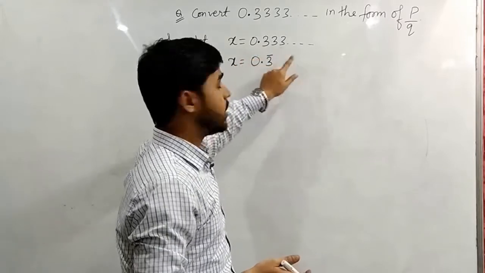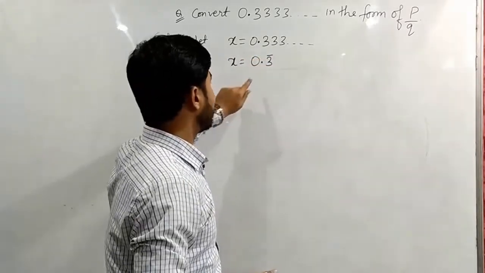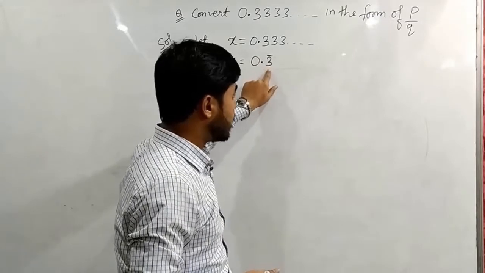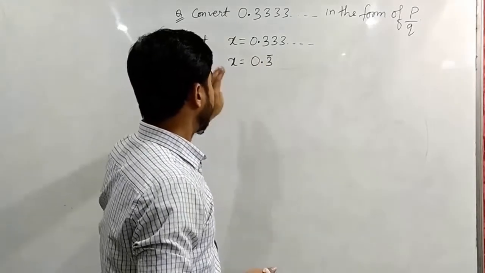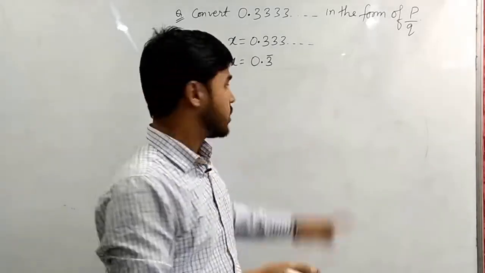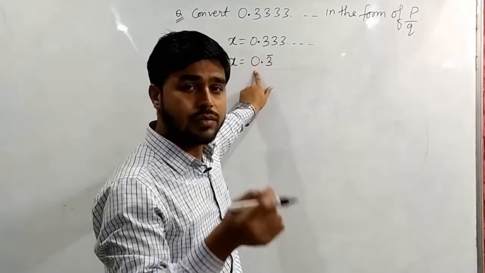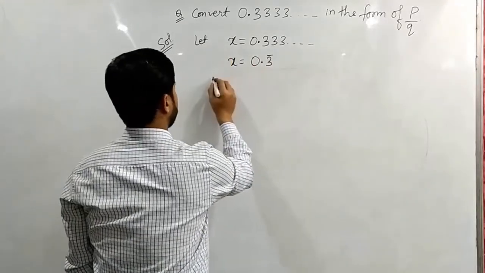Like 3 is repeating again and again to infinity. So we have to shift 3 to the left side. And how will we do it? By multiplying by 10. As I have to shift only a single digit to the left side, I have to multiply by 10. So we will multiply by 10 on both sides.